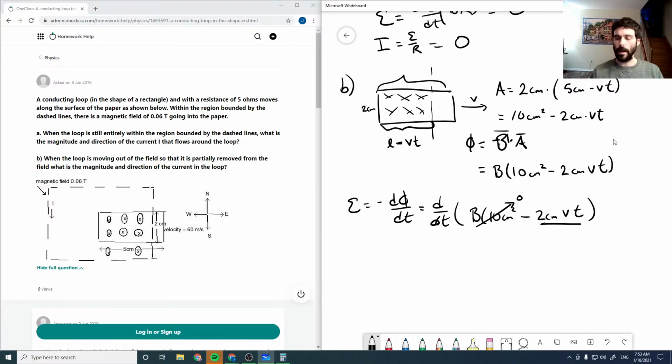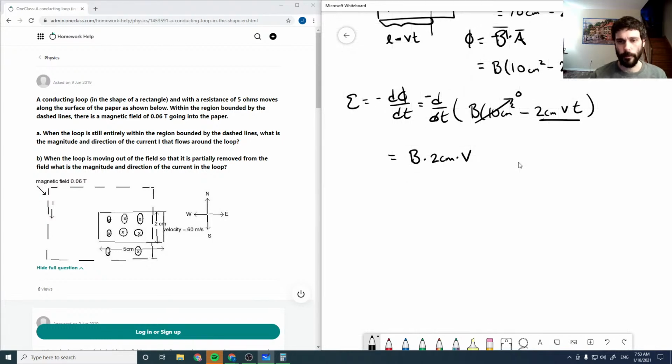And then the derivative of time here is going to leave us with B. The minuses will cancel, so B times 2 centimeters times velocity. We can actually calculate our value now. So our EMF is going to be 0.06 Tesla. We can convert our 2 centimeters to meters, so 0.02 meters times our velocity, which is given in the question as 60 meters per second.